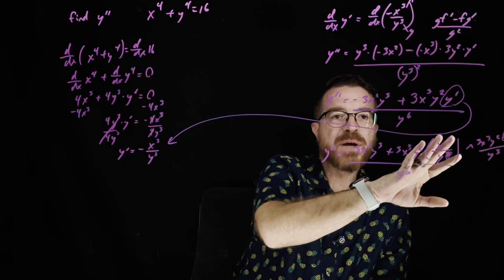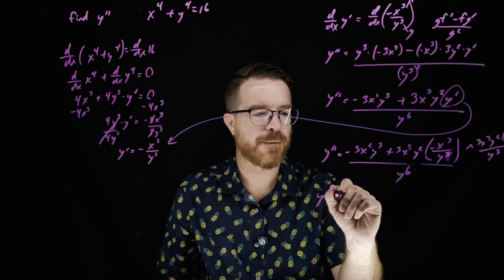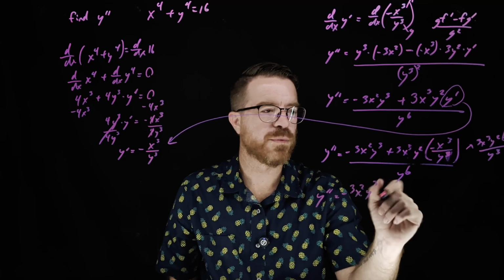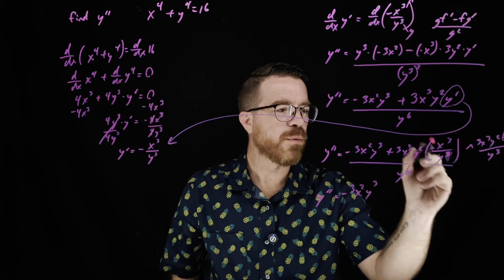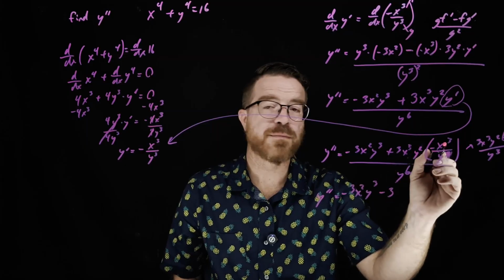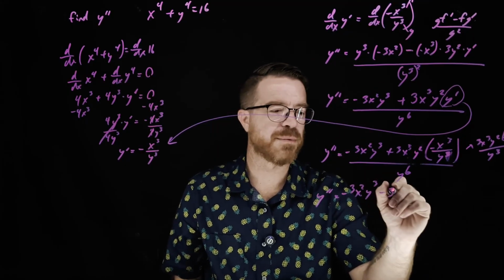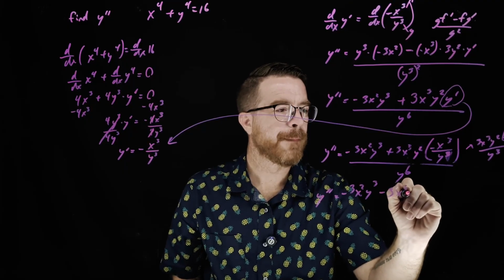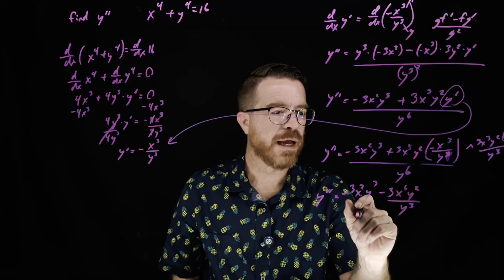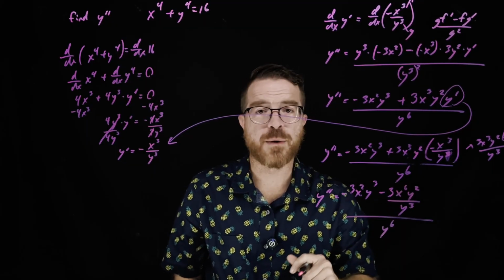So we'll have that y double prime equals minus 3x squared y cubed. Bring the negative forward. This is going to be minus 3 x cubed times x cubed, which is going to be x to the third plus 3, which is going to be x to the 6th, y squared over y cubed. And then, of course, this entire thing is divided by y to the 6th power.